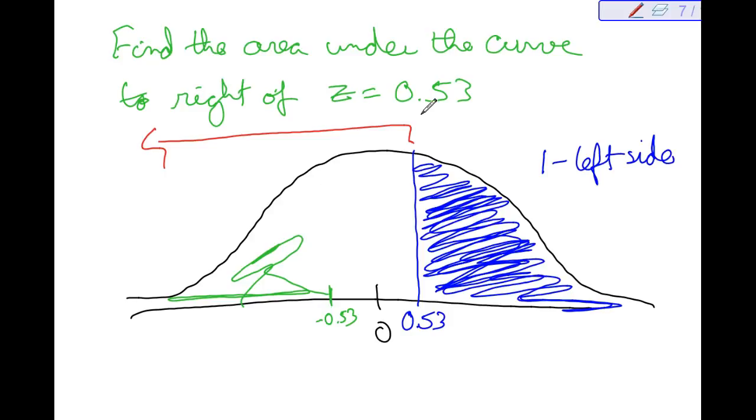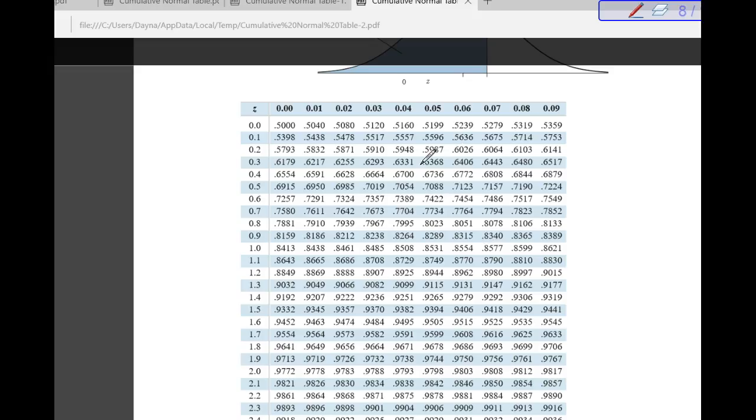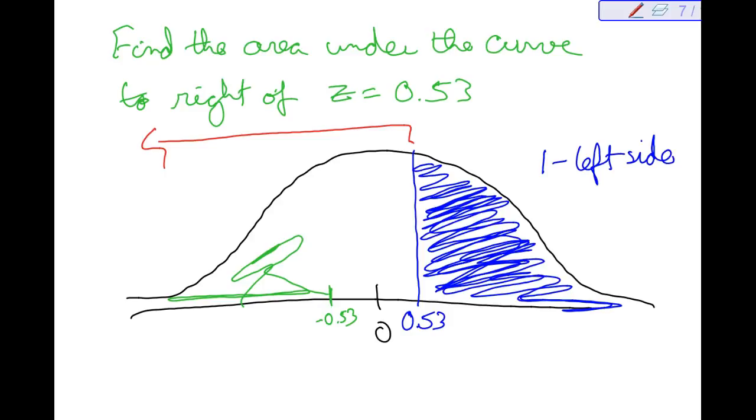So I'm looking at 0.53. So 0.5 and a 3 gives me 0.7019. Okay? So that means that this right here is 0.7019.